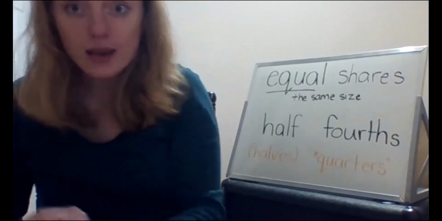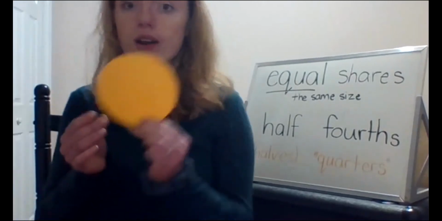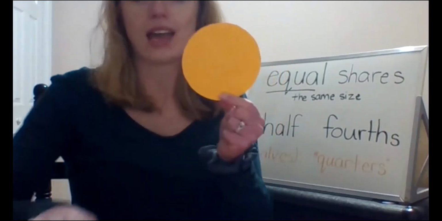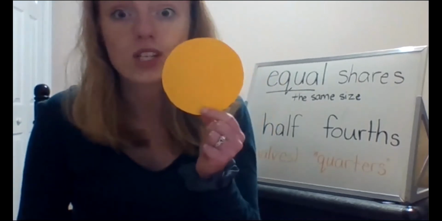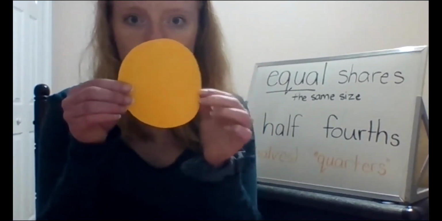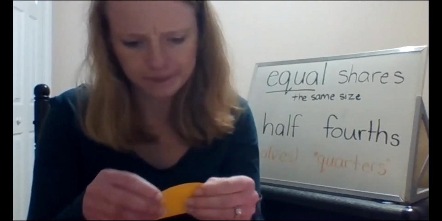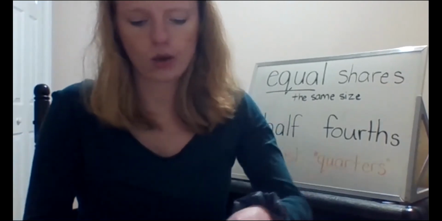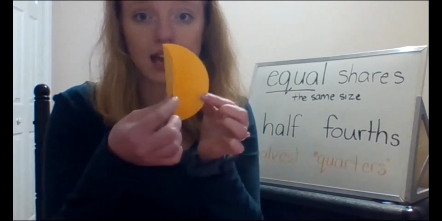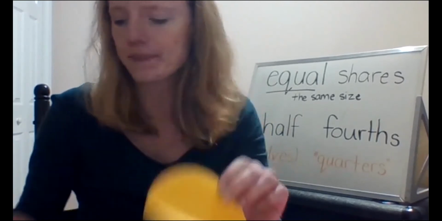The last shape that we're going to talk about is a circle. And so let's see how many different ways we can fold a circle in half. So I'm going to fold it this way, and open it up. Is it in half? I have this side and this side. Yep.